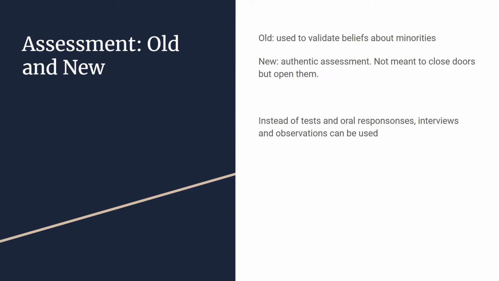So moving on. Assessment. In layman's terms, this is just how well are you doing? Throughout this entire chapter, there's a big emphasis on the old way of things versus the new way of things in terms of education. The old way was mainly used to validate beliefs about minorities, because they would use assessments that didn't incorporate cultural backgrounds or historical backgrounds.